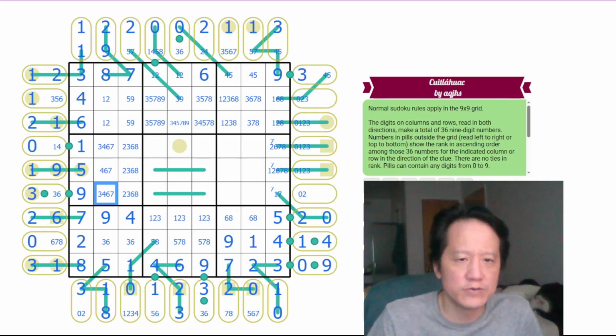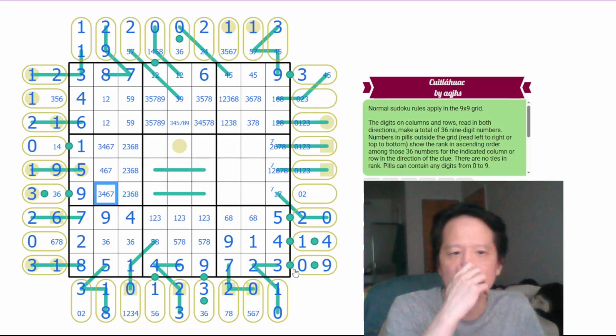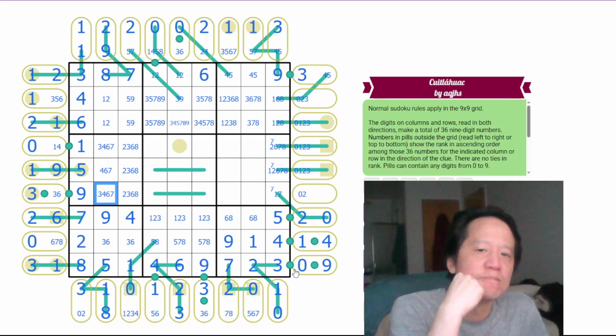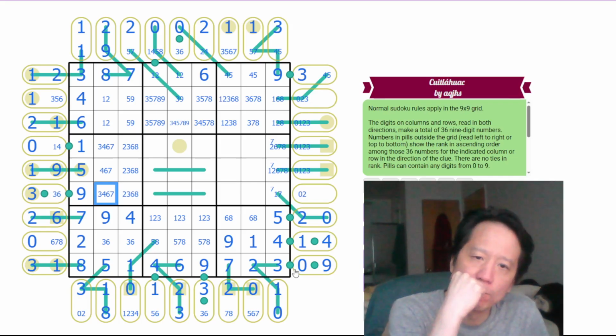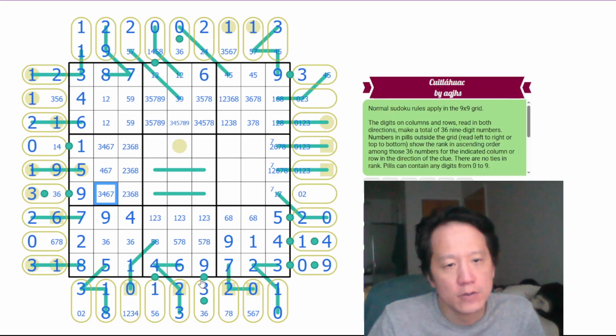Nine, 3, or 7. If this is 33, the smallest would be 9.5. If this is 33, the smallest is 9.3.